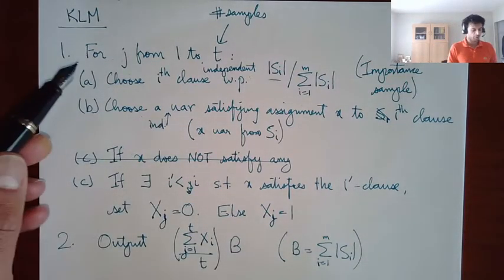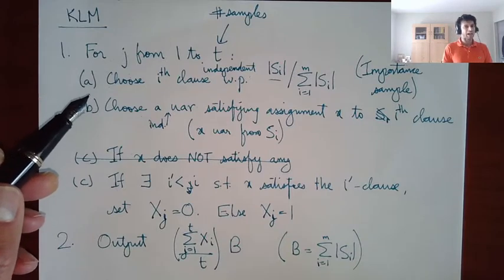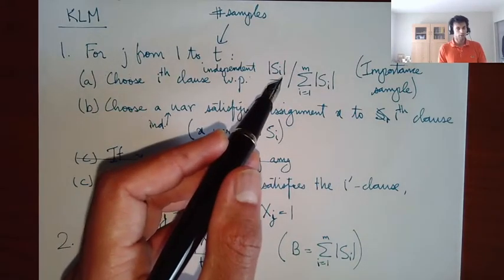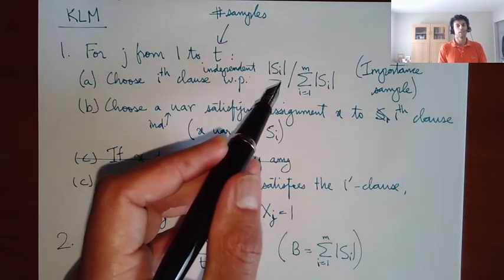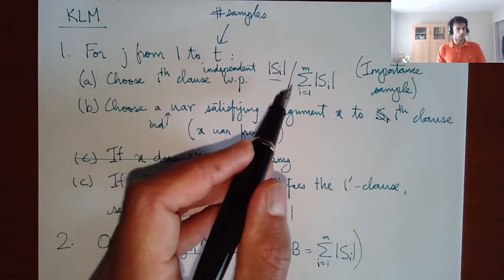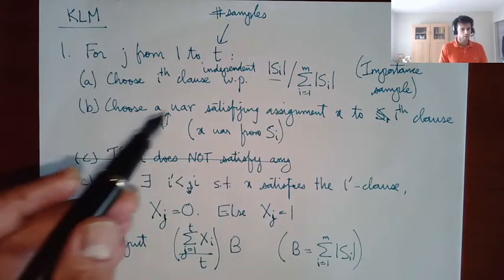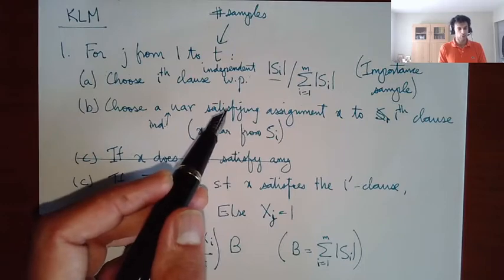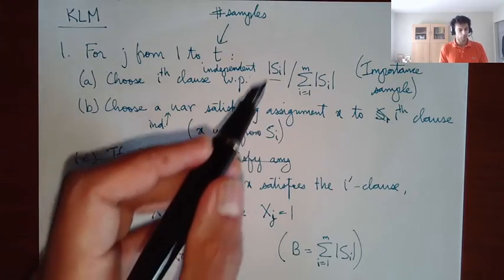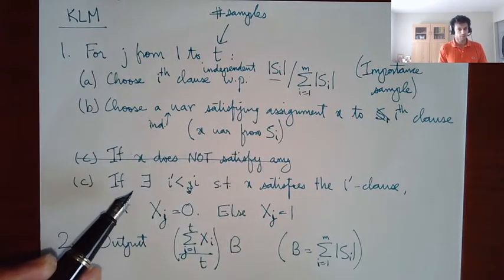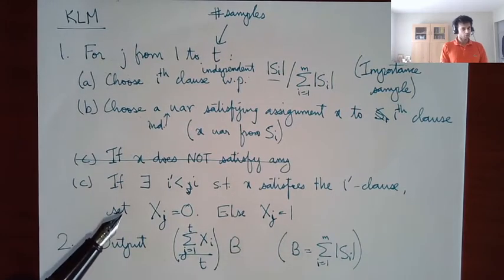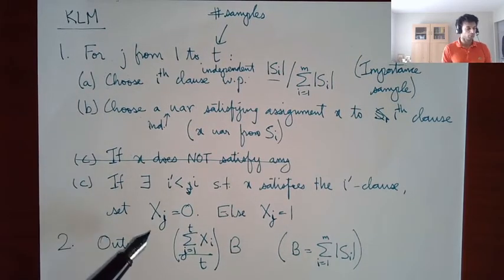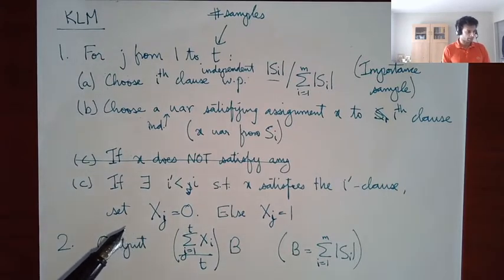First you choose the ith clause with probability proportional to the number of satisfying assignments of that clause, which we just argued can be computed. Then you independently choose a uniform at random satisfying assignment to that clause. Now here's the trick. We're going to construct a Bernoulli. Xj is going to be a Bernoulli, and all the xj's are going to be identically distributed. They're IID Bernoullis.